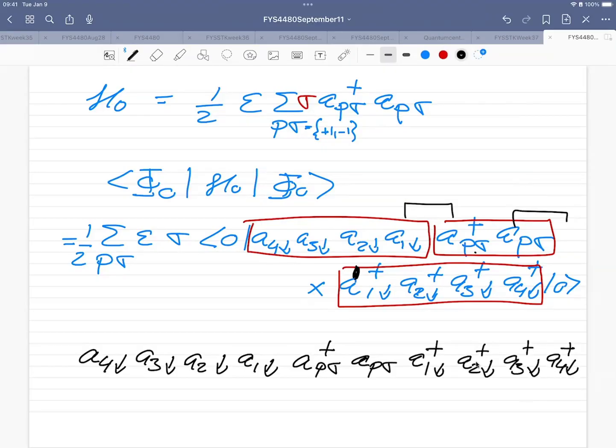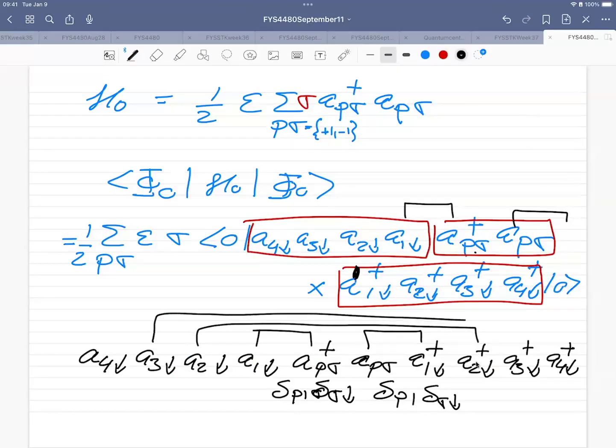Now you see also why I said this about redefining the reference state, because of these contractions. But one contraction which we have is definitely this one. So that gives, and then sigma has to be equal to spin down. And this gives us exactly the same. And then we have to match all the other ones with each other. So this is the only possibility which we have here, which gives us a non-zero result.